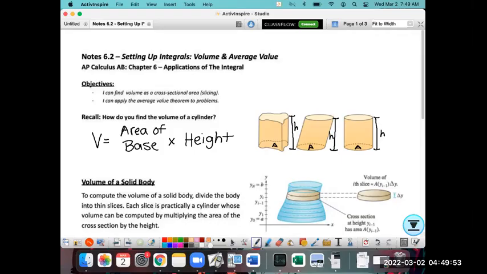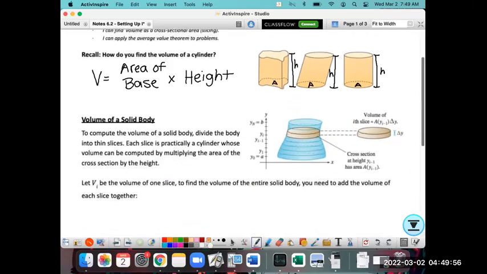So I want to take a look at this solid. It's not necessarily a cylinder, but it still has some similar qualities to it. The area of the base isn't exactly the same the entire time, but we have ways to deal with that.